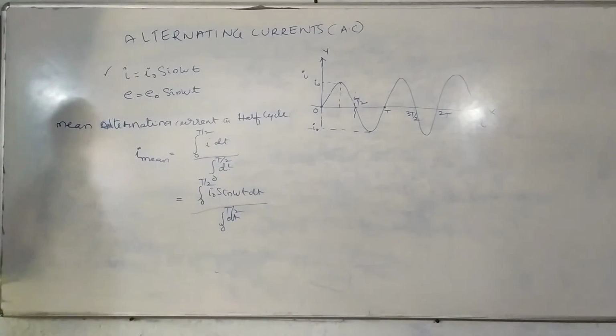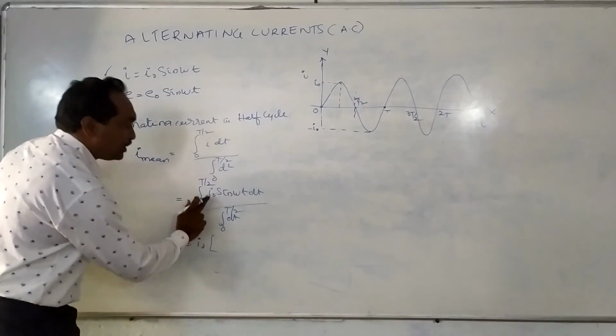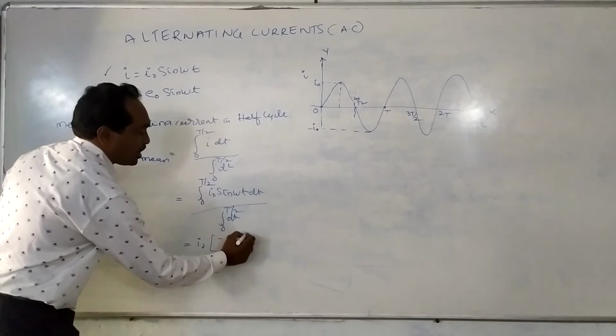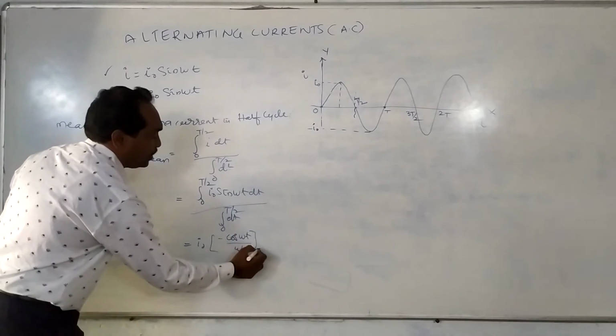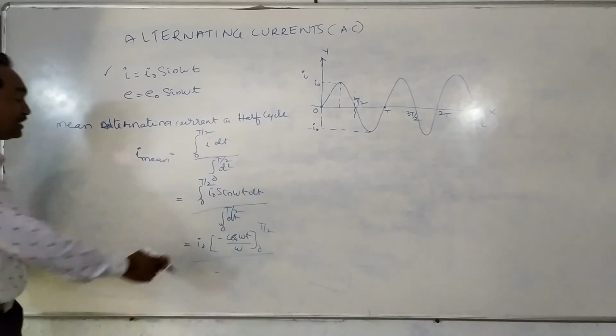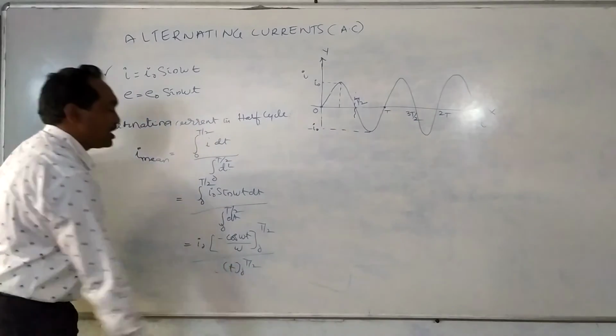Which is the same as I naught into integration of sin omega t dt, that is minus cos omega t by omega, with limits from 0 to T by 2, divided by integration dt, that is t, with limits from 0 to capital T by 2.